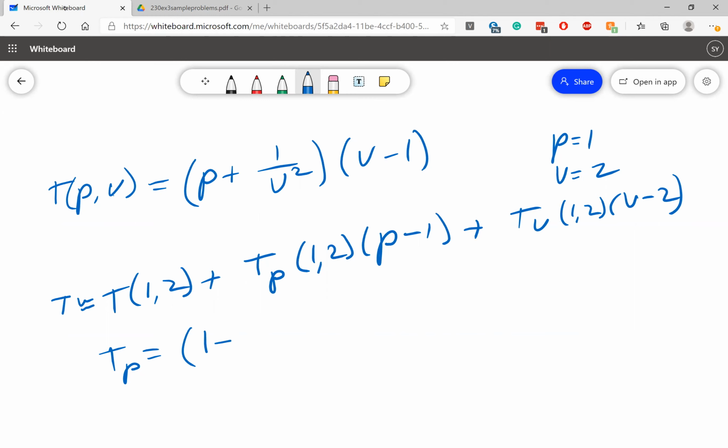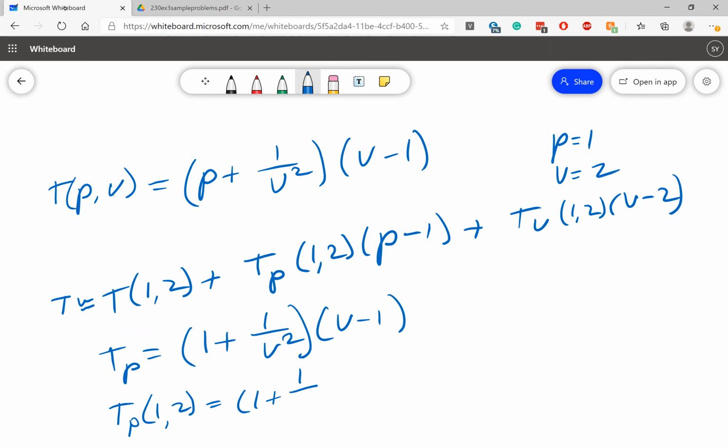So that would be (1 + 1/V²)(V − 1). Okay. And so then the partial of T with respect to P at the point (1, 2) is going to be equal to (1 + 1/4) times 1, so let's say 5 over 4.